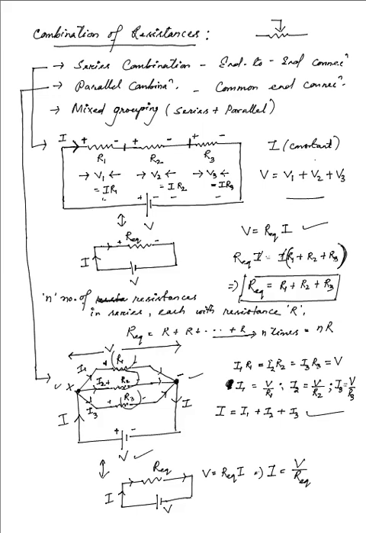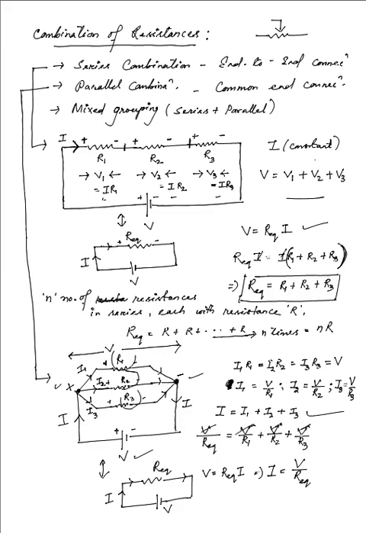Then putting it over there, we have V by R equivalent for I equals V by R1 plus V by R2 plus V by R3, and the V's on both the sides cancel out. The V in the numerator of the right hand side can be taken as common and cancelled with the V on the left hand side, and all we are left with is the thing that I'm going to write at the bottom of the page.